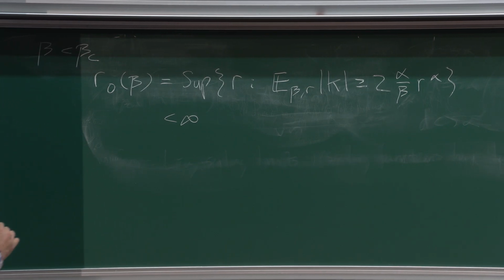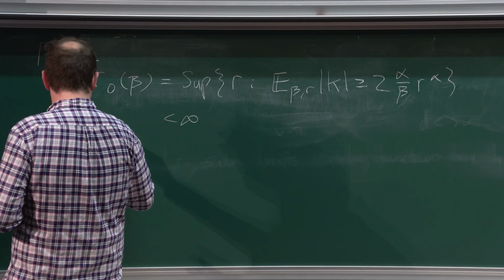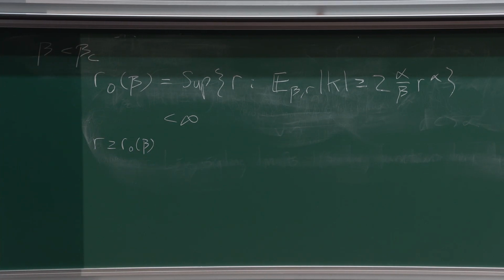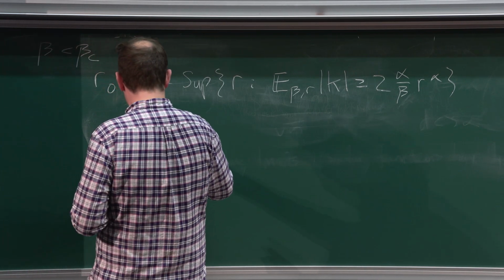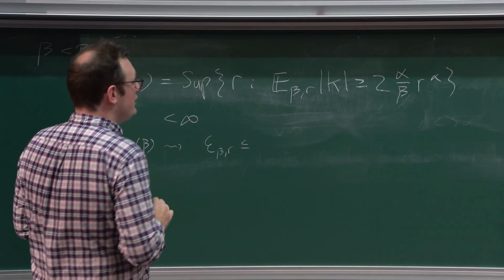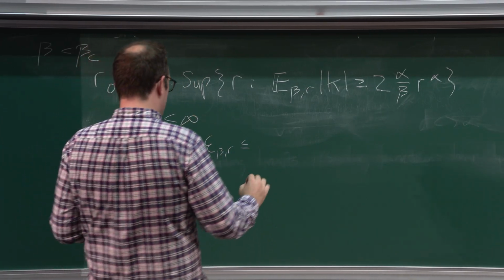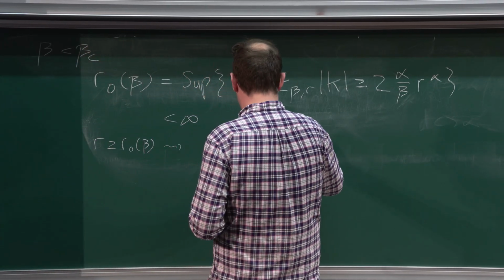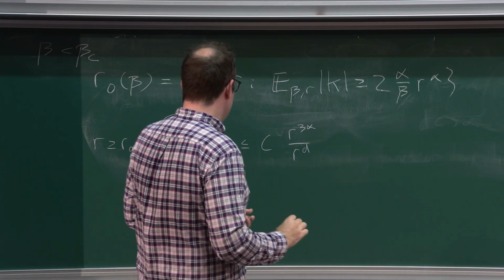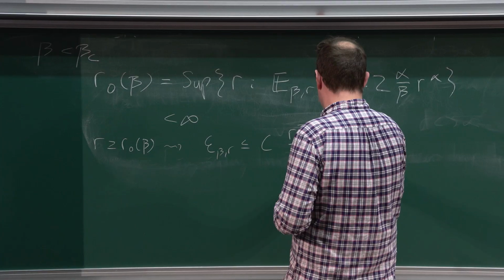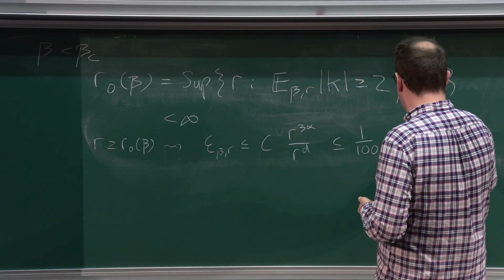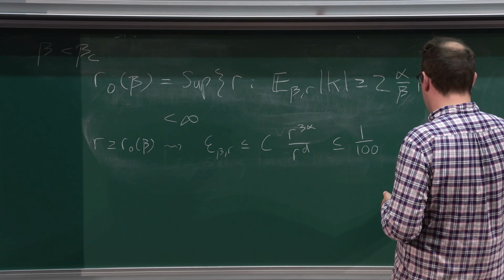But what's the idea? Well, if R is at least R0, then this error is bounded by some constant, r to the 3 alpha over r to the d, which is, let's say, less than 1 over 100 if r is also bigger than some other constant.